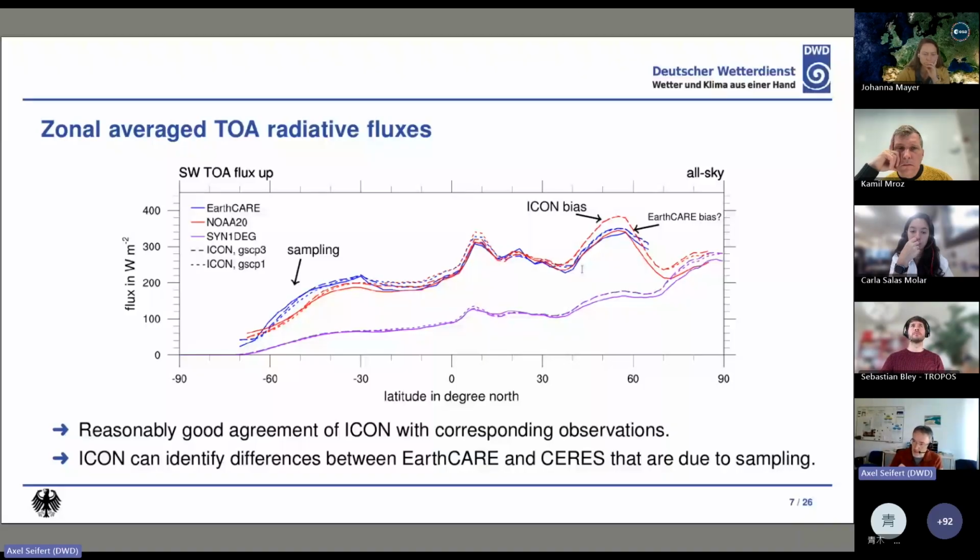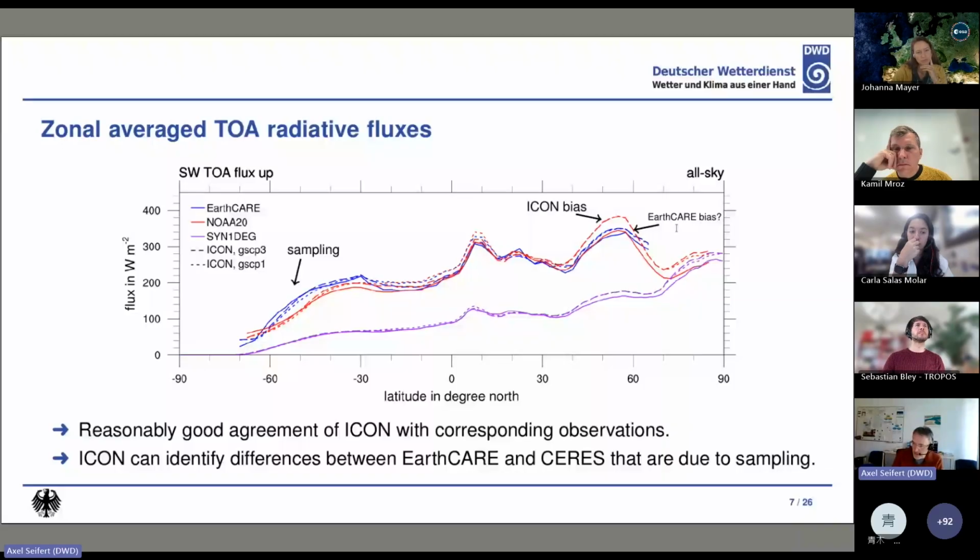But when we look at ICON, where the blue and the red lines differ, we can see that there are potentially sampling effects, and those we don't see in the observation lines. Because the difference between the red lines is bigger than the difference between the blue lines, that points to a potential EarthCARE bias compared to CIRRUS.